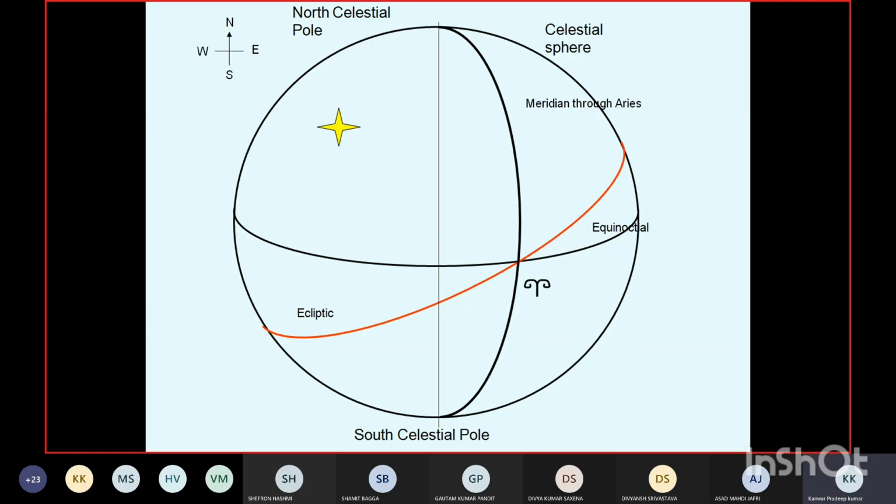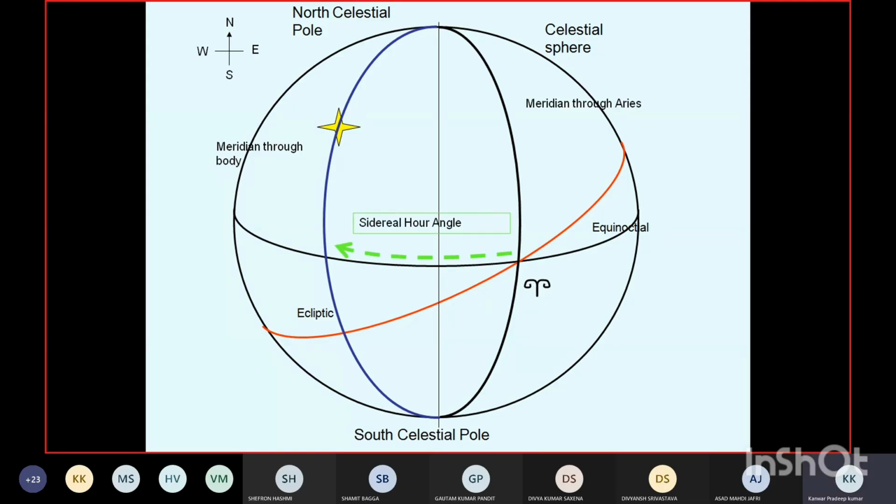There's a star over here, a meridian through the star, meridian through the body. So what is this angle called? Measured westwards from the first point of Aries. All hour angles are measured westwards. It is called sidereal hour angle.